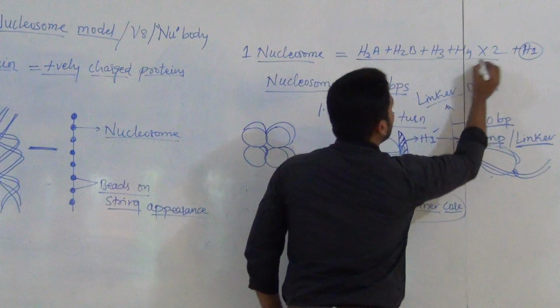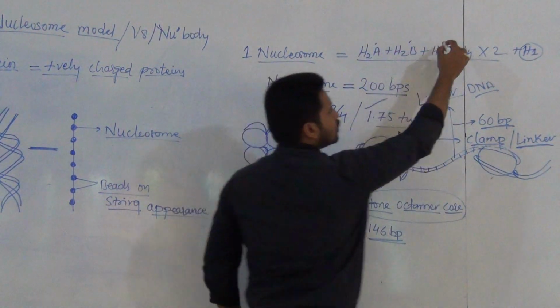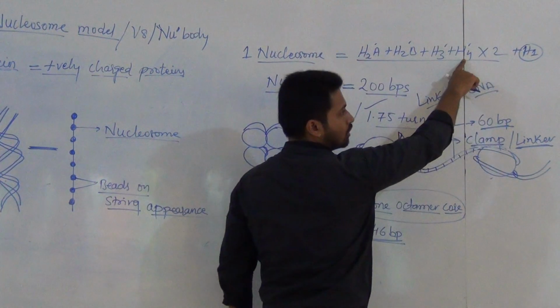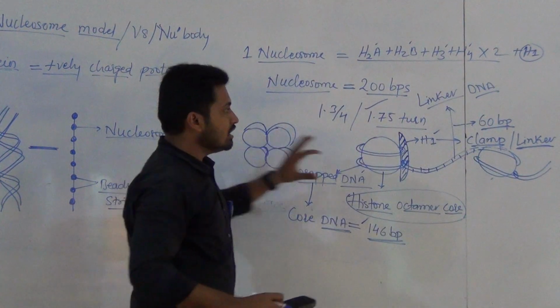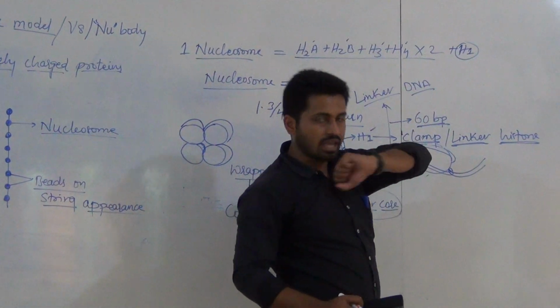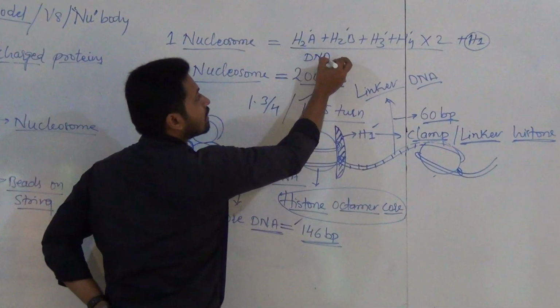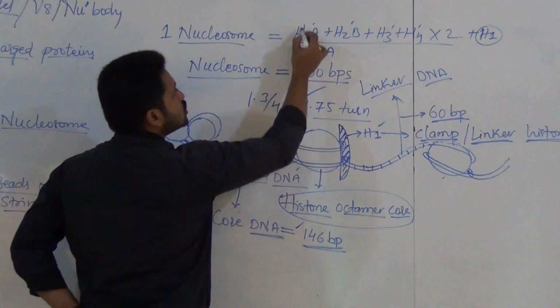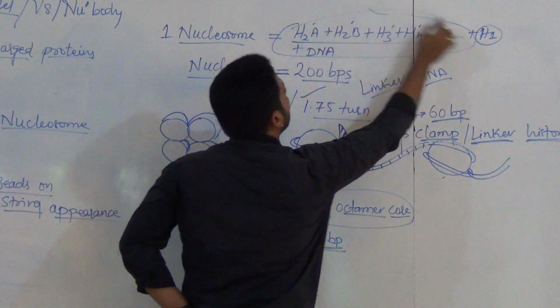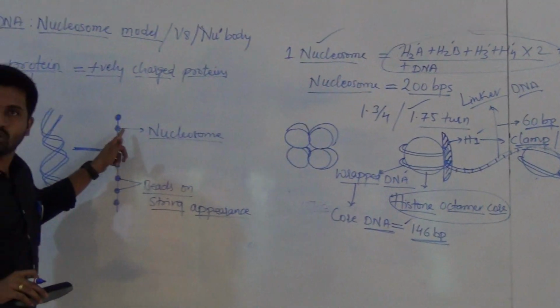So, what is a nucleosome? It is the octamer: 2 copies of H2A, 2 copies of H2B, 2 copies of H3, and 2 copies of H4. All are held together here with the help of H1. It is acting as a clamp. To this, what is wrapped? That is DNA. This whole combination, we call a nucleosome. So here it is one nucleosome.